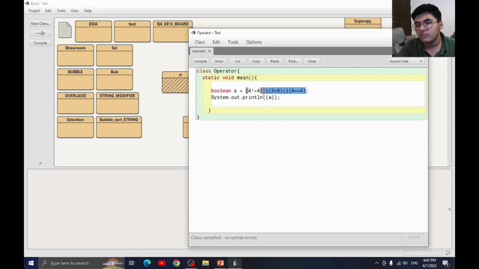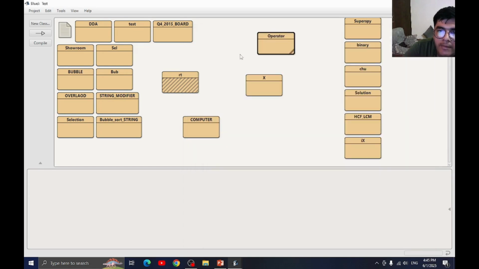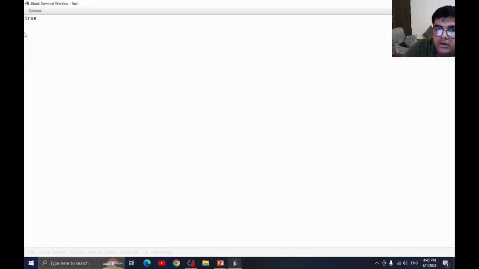And now finally our last operator, the exclamation mark, the logical complement operator. You see, 4 not equals to 4 is false, it is going to give us false, but the moment we put this exclamation mark here, we are going to get true.